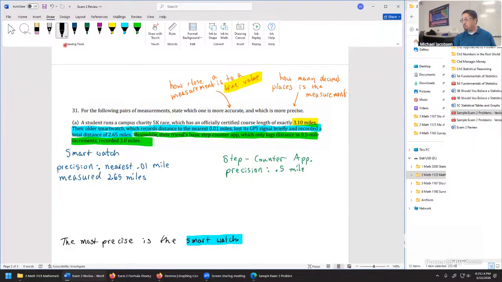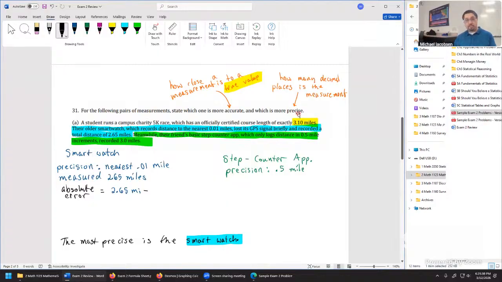So let's say here, absolute error is going to be the measured value. It was measured at 2.65 miles minus the true value. The true value of the race is 3.10 miles.